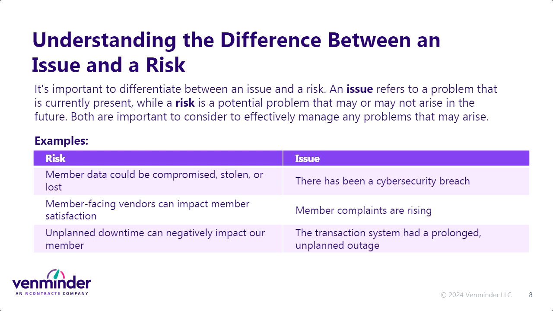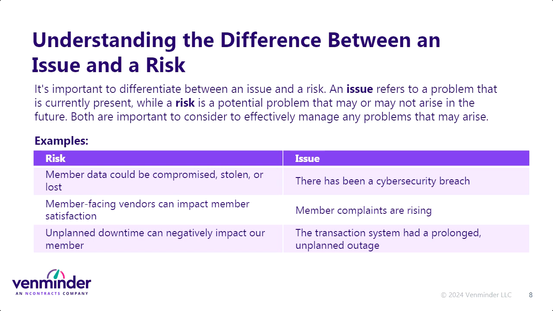So let's just look at a couple of examples. A risk is that member data could be compromised. An issue is, however, that there is a known cybersecurity breach that has happened with that vendor. Another example is a risk exists that member-facing vendors can impact your member satisfaction. If they're not providing good service, they can impact it negatively.